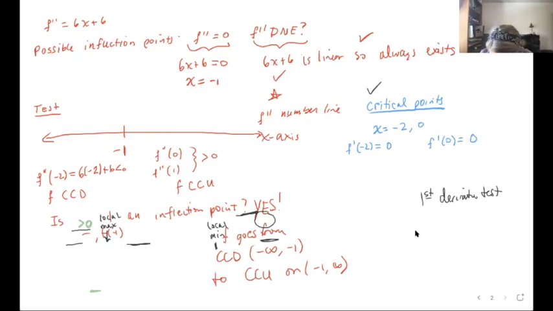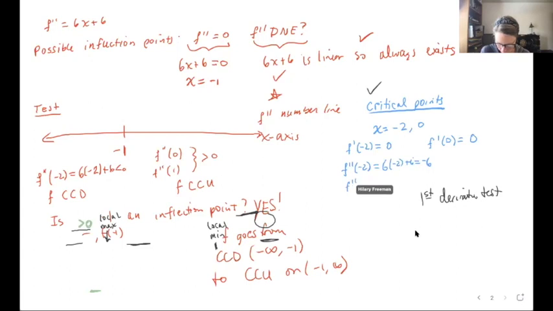Okay, what is f double prime of -2? So you could tell by our f double prime number line, or we could actually take 6 times -2 plus 6. And what do we get out here? It's going to be -12 plus 6, which is -6, right?